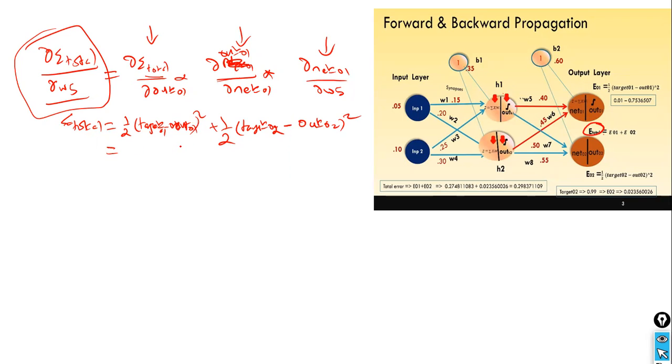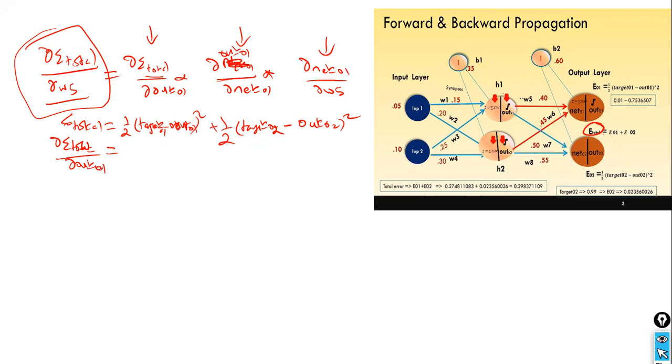Simply plug in the values here. I just take the partial derivative of E total with respect to out O1, because as per gradient descent, we need to take the partial derivative of the cost with respect to the loss. First we need to find out how much change happened in out O1.